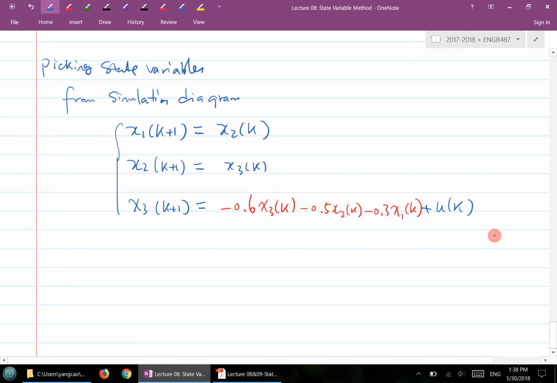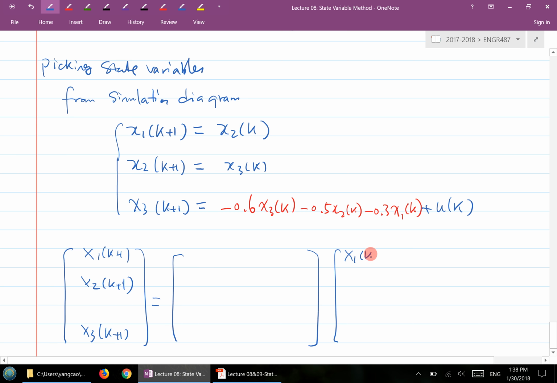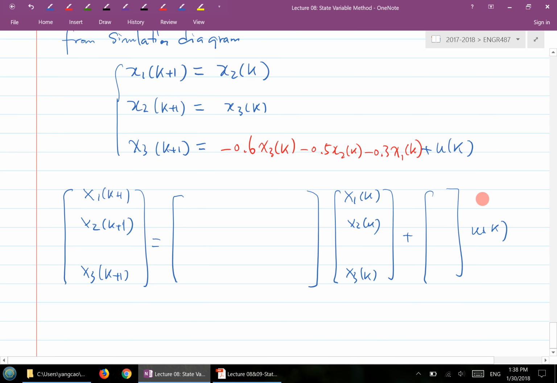So, next step, guess what? You will put everything into a matrix format now. This is your next step, and you can try yourself. So here is the state variable equation for each individually, and how do you put it into a matrix format?